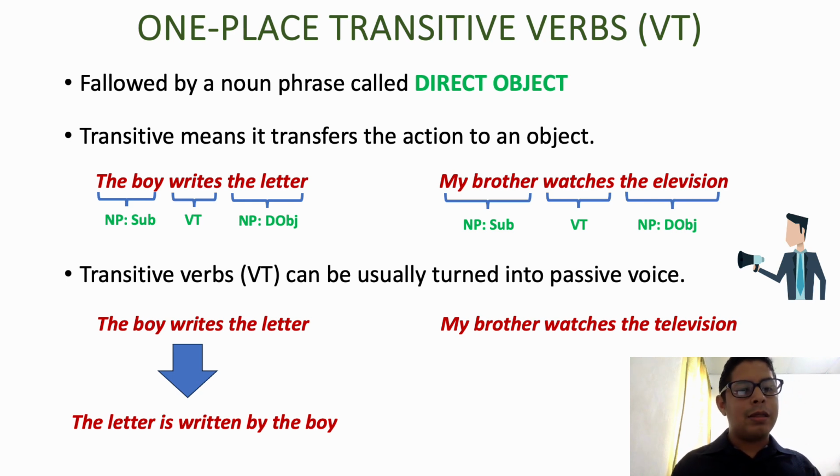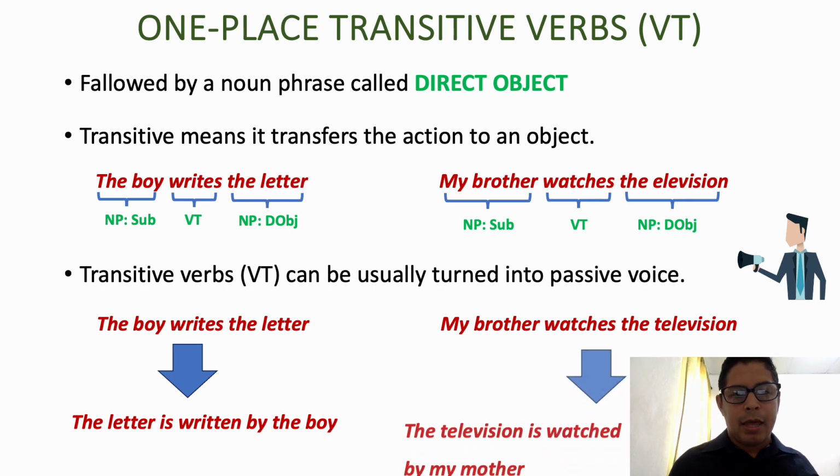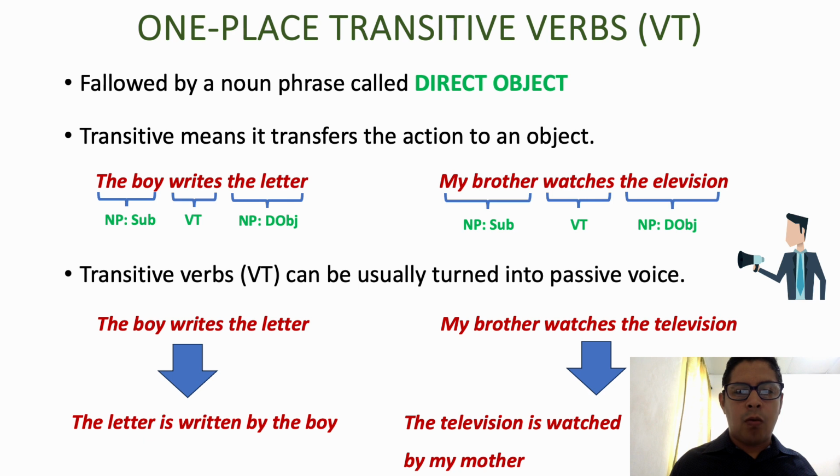Immediately you know that this is a one place transitive verb. The second one, my brother watches the television. The television is watched by my brother. You see? Of course, the analysis of these new sentences might be different, but at least it tells you how to identify if it is a one place transitive verb.